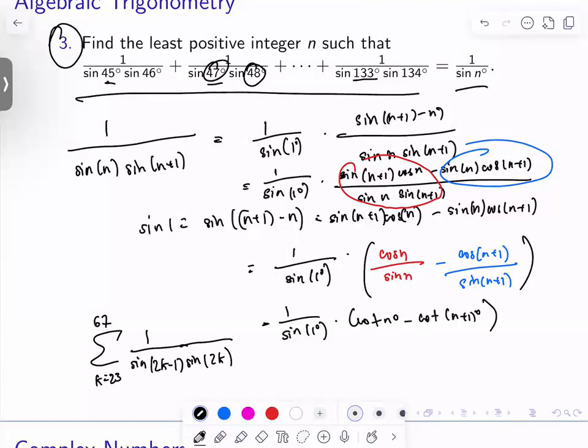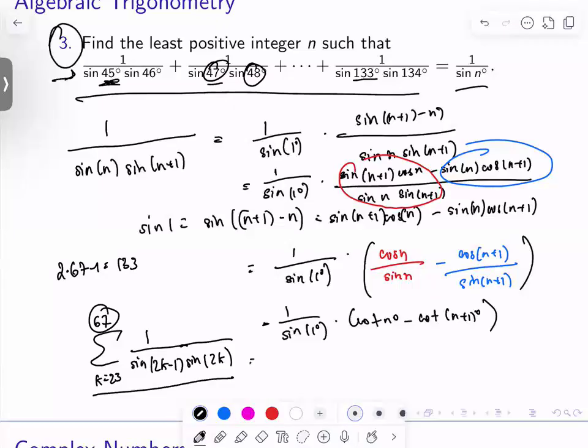And we start from 45 again. And then 67, 2 times 67 minus 1 is 133. So this is a summation describing the original sum that they give us.